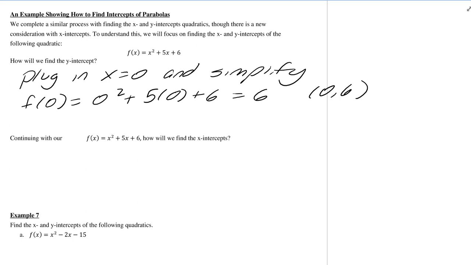Now the slightly harder thing will be, how do I find the x-intercepts? For the x-intercept, usually what you want to do is set the y-coordinate equal to 0 and solve.